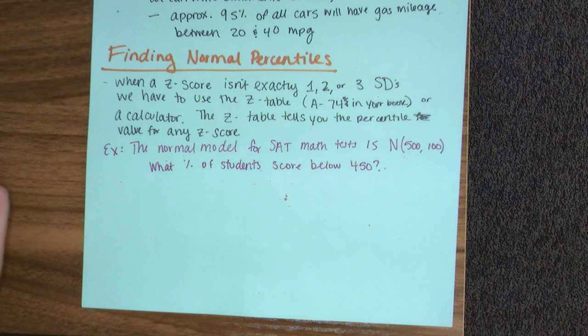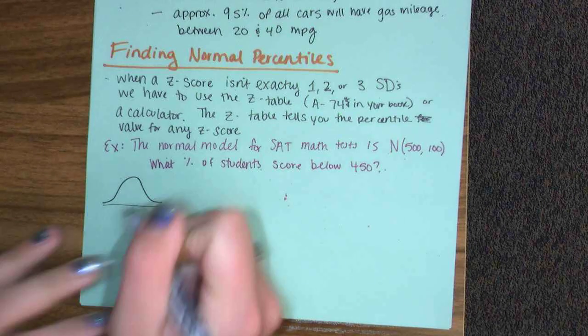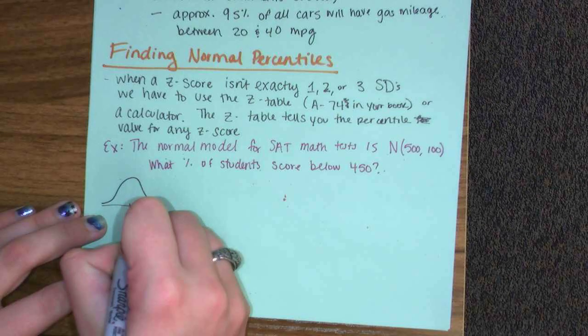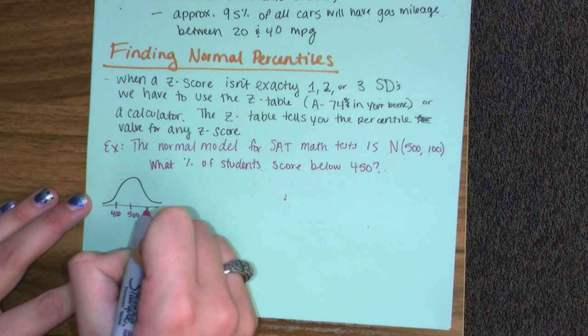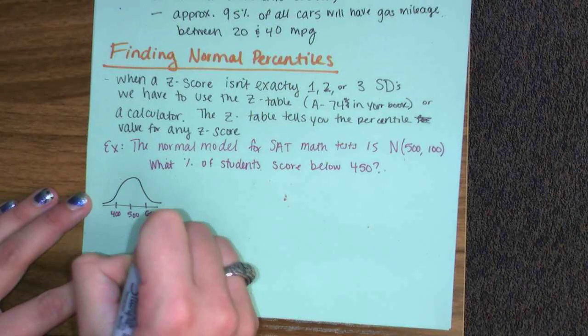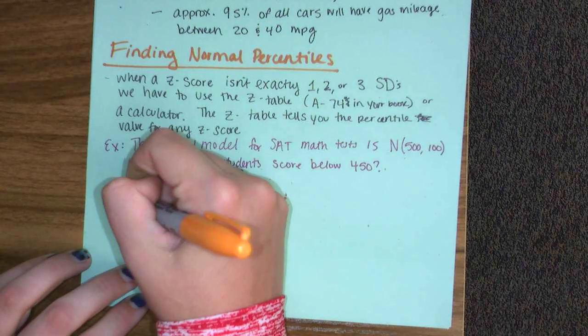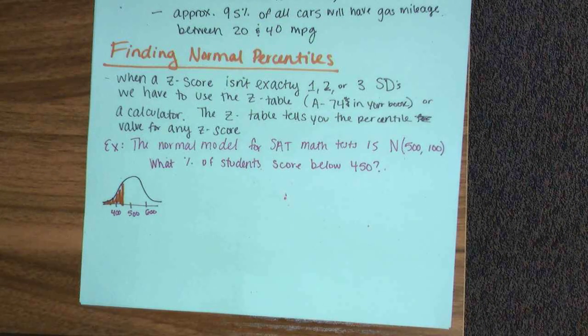So it's always a good idea to draw what you're looking at. We know that the mean is 500 and the standard deviation is 100. We want to know what this area over here is, with less than 450.